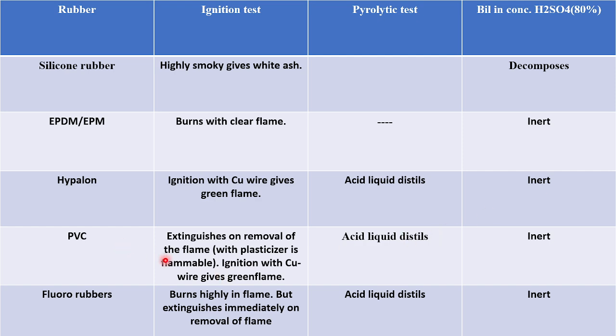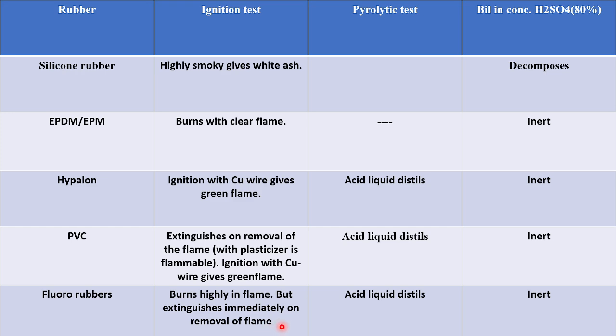In case of PVC, it will extinguish on removal of the flame. The reason is the same: because of the presence of chlorine, it will extinguish when it comes out of the flame. The fluororubbers also have a halogen, the fluorine group, and they burn highly in the flame but extinguish immediately on removal of the flame.